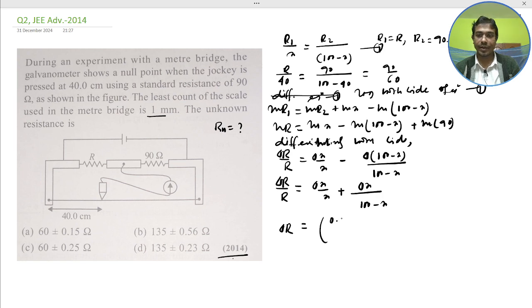So del R would become 0.1 divided by 40 plus 0.1 divided by 60, into 60. So it would become 0.25 ohm.